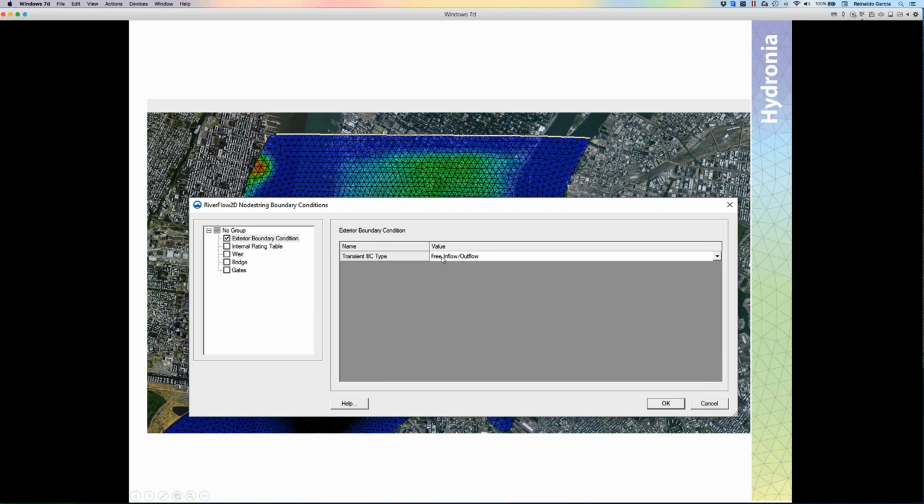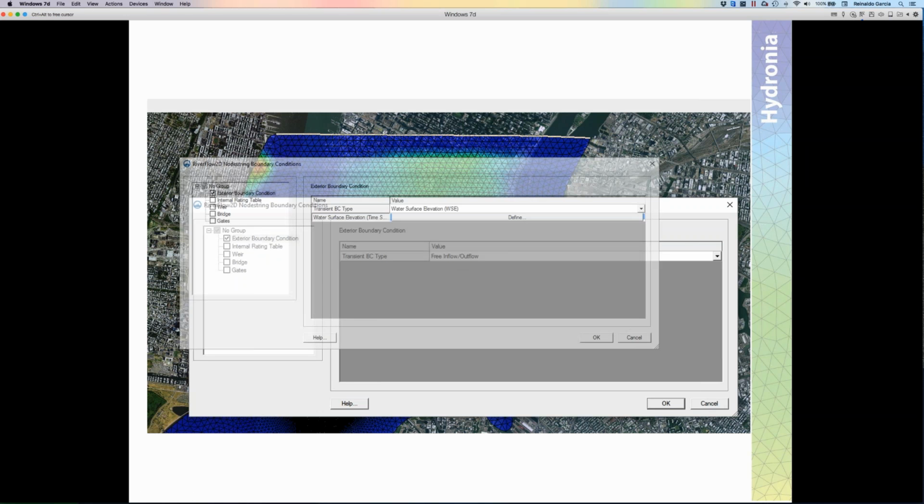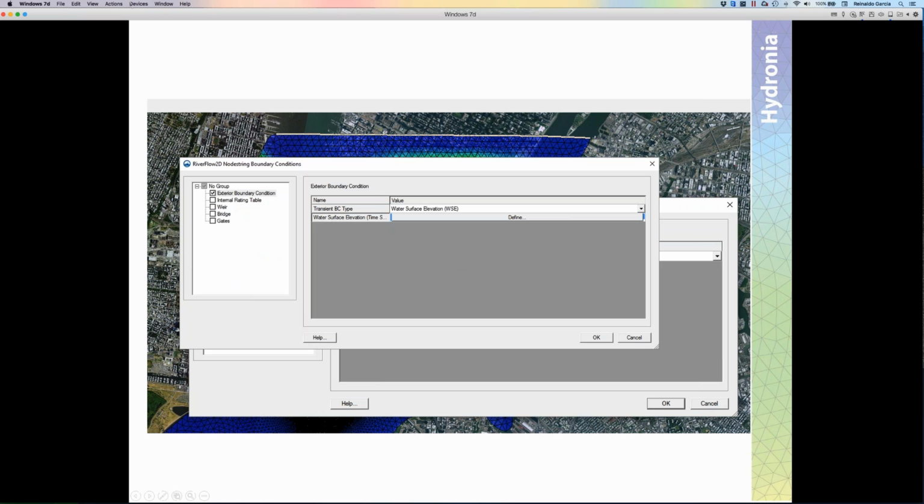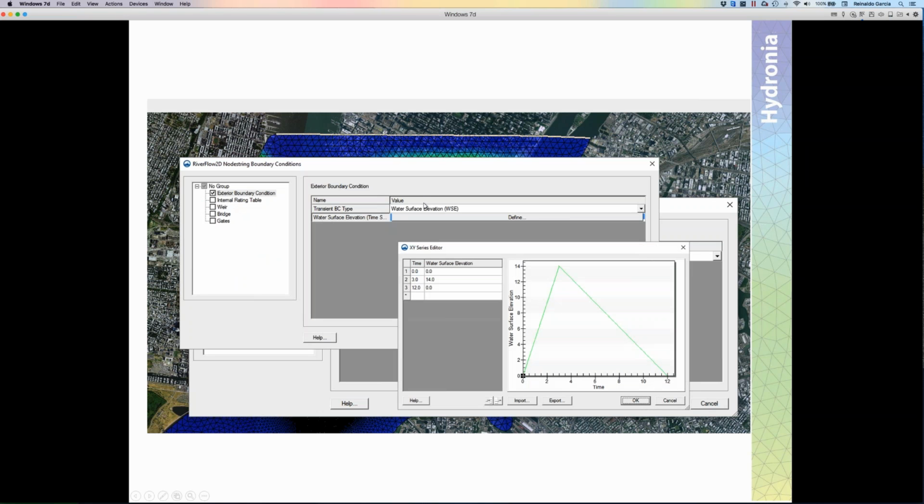In this case, we are selecting a free inflow or outflow that lets flow in and out without necessarily giving a stage there. You can also enter a water surface elevation on different boundaries, and create a table. This is a very simple triangular variation of the water surface elevation versus time, but you can enter any table of any length as well.